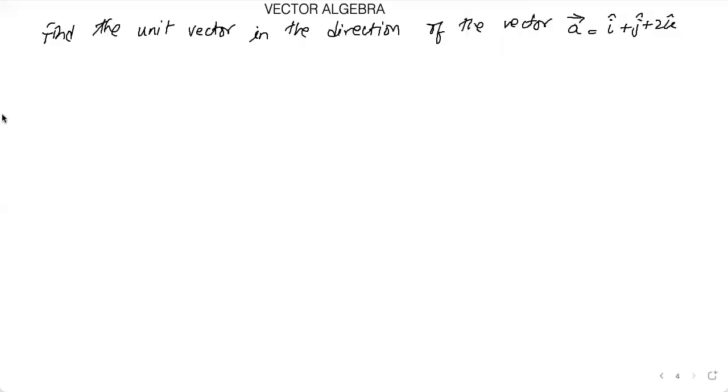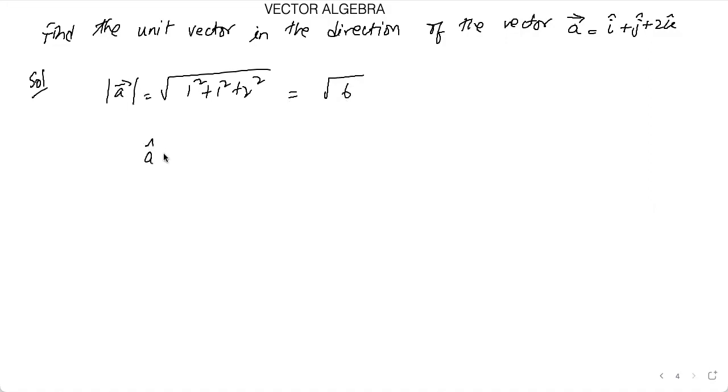So let us find the unit vector, which is given as i plus j plus 2k. First let us find the mod of this. So that would be square root of 1 square plus 1 square plus 2 square, which is equal to root 6.